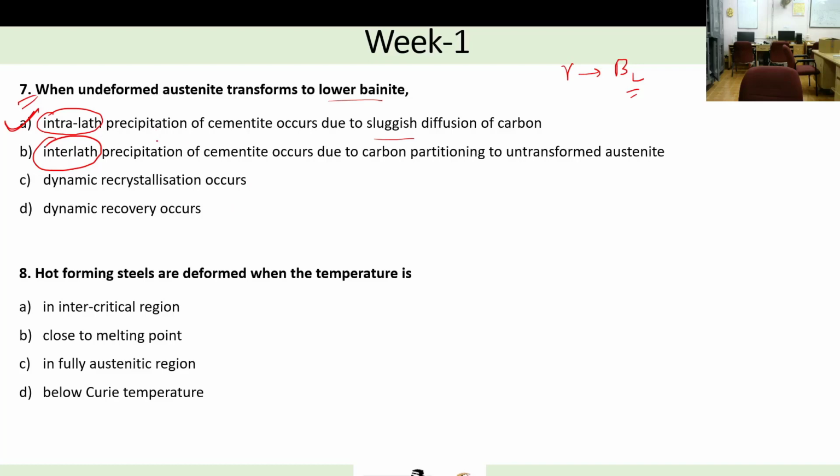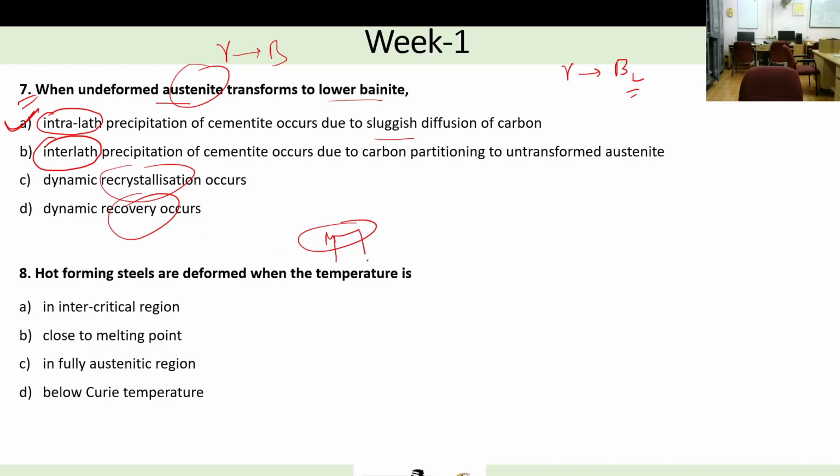We are cooling it, Sanjit. So we are cooling it from the high temperature phase. When undeformed austenite is cooled from the high temperature phase to form bainite, recovery and recrystallization come into the picture when you are at room temperature, or when you have some hard phases or a high number of dislocations and you want to eliminate them.